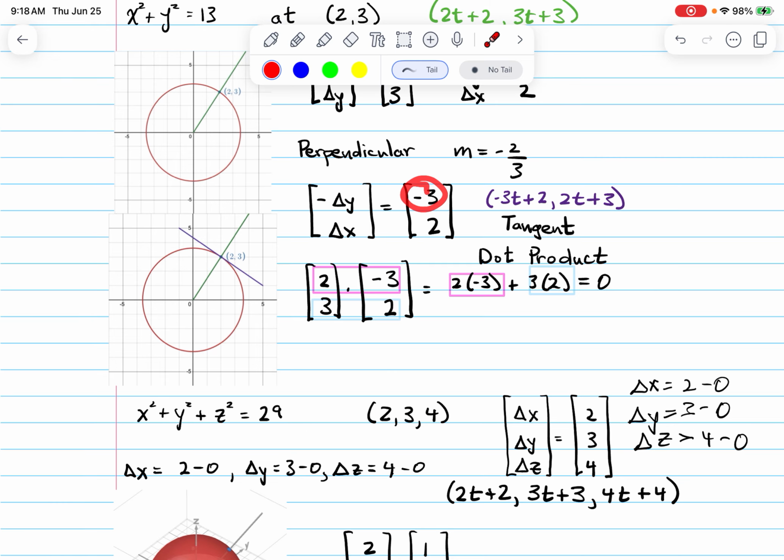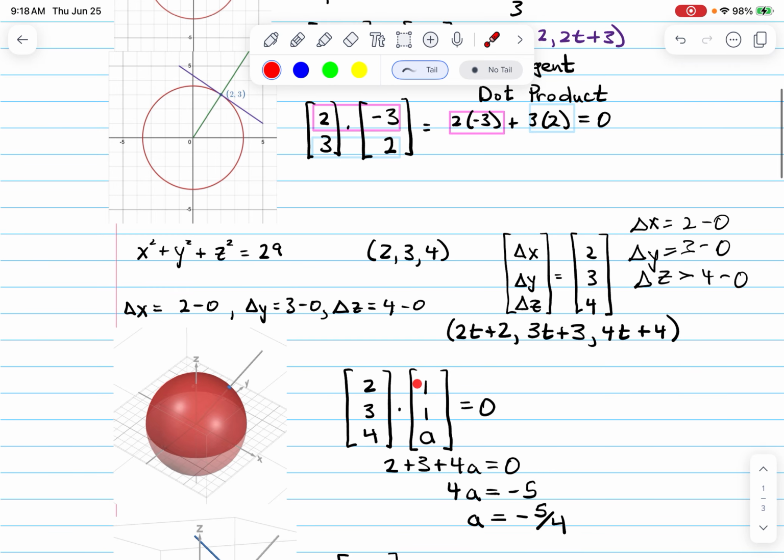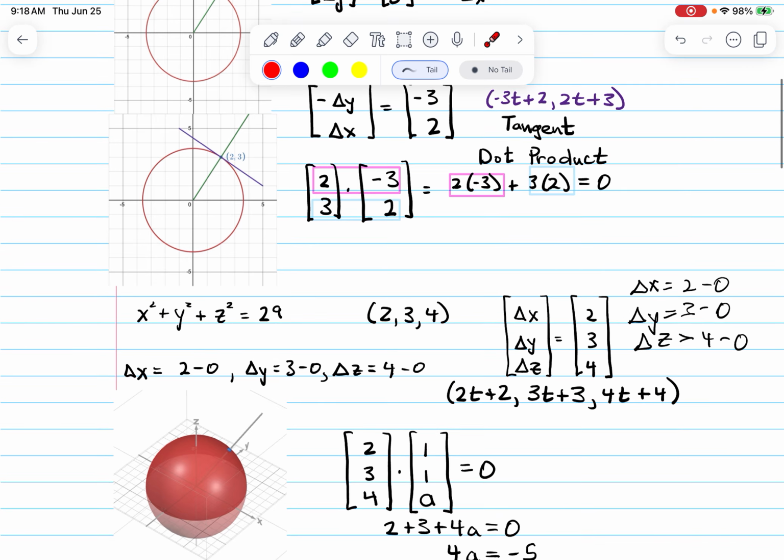Now this one, the first number goes with the x, the second number goes with the y. Okay, that's just me flipping them. Now down here, I didn't do exactly that. I didn't just flip these. I just put a 1, 1, and then said, let's figure out what a needs to be so that the dot product is 0. But notice, I could have just flipped them the way I did for a line.